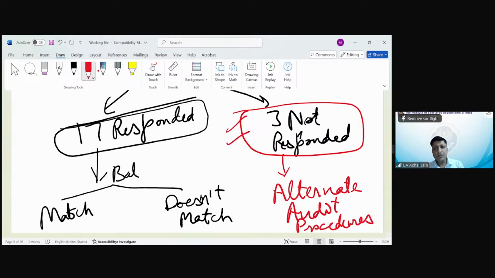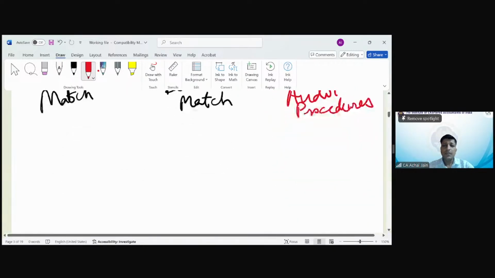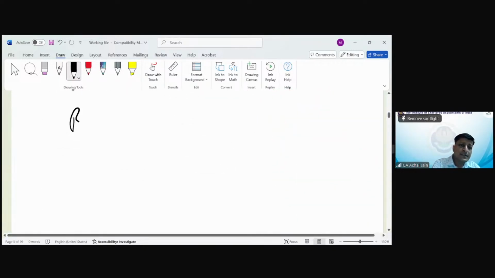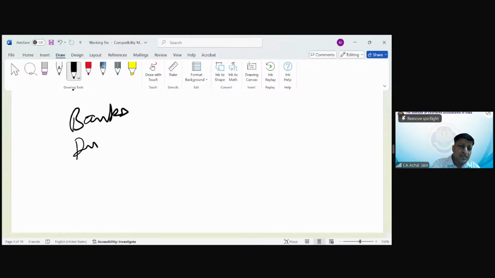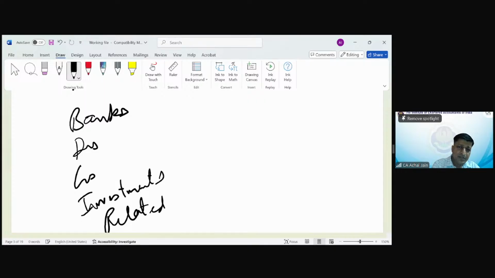Clear on this? Yeah. So this is a very common procedure which is required to be performed in case of banks, debtors, creditors, investments, related parties, legal attorneys, right?